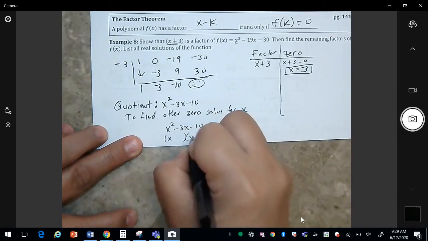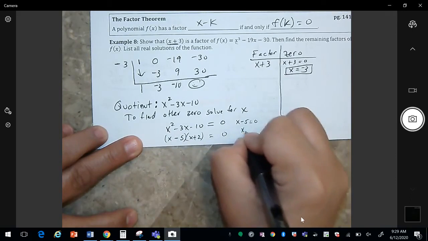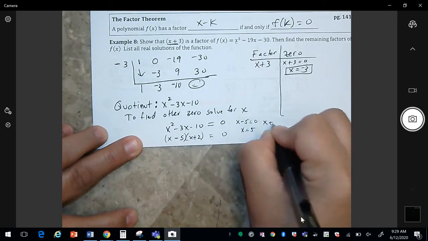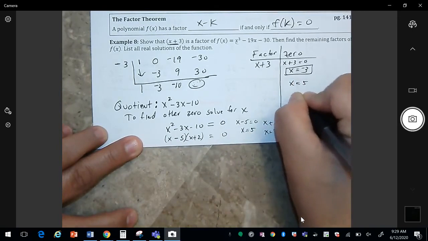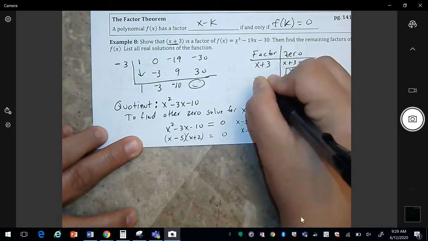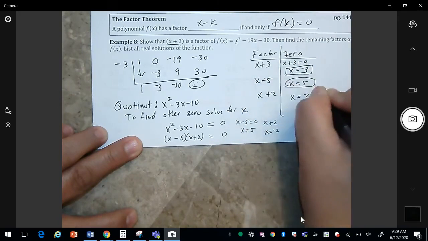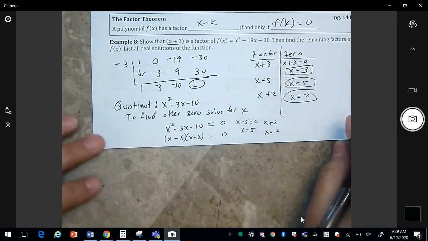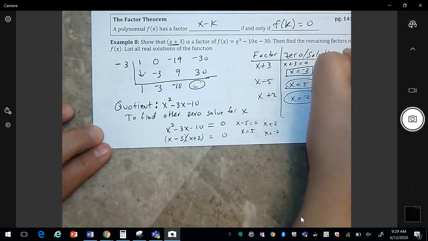We have x times x. 5 times 2 is 10. So I need a negative and a positive. Set my factors equal to 0. So x is 5 and x is negative 2. So my factors here are x minus 5 and x plus 2. And so those are our zeros, which we also call solutions.